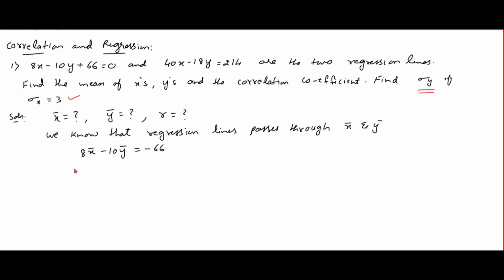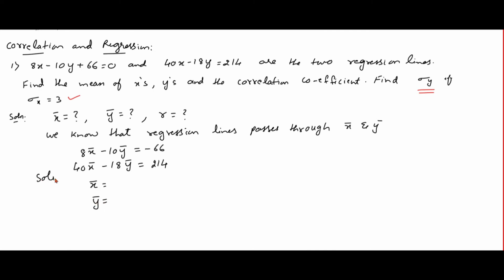Similarly the second equation is 40 times x bar minus 18 times y bar is equal to 214. Now these two values can be evaluated just by using your calculator. Use your calculator to find the value of x bar and the value of y bar.